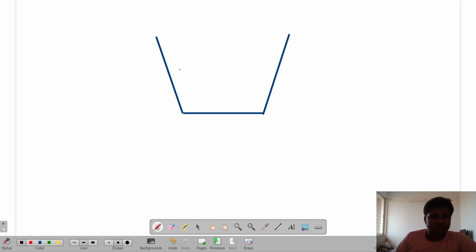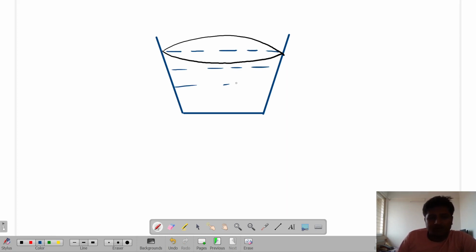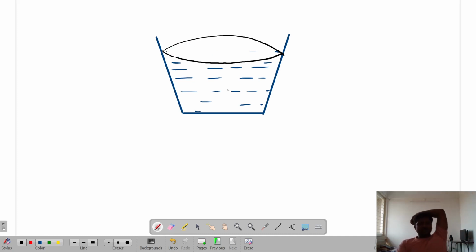So if I have a liquid filled to some level inside this bucket, let's suppose the liquid is up to this level, then we expressed that the force from the curved surface of this bucket is in the upward direction. There is a reason for that.